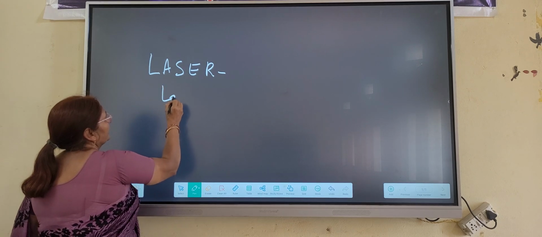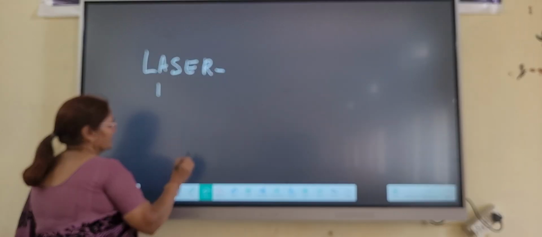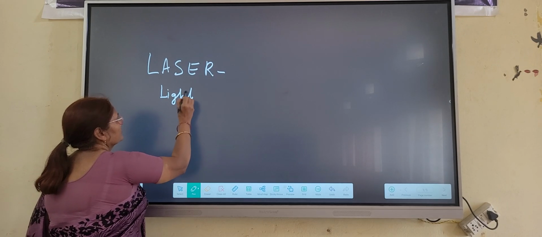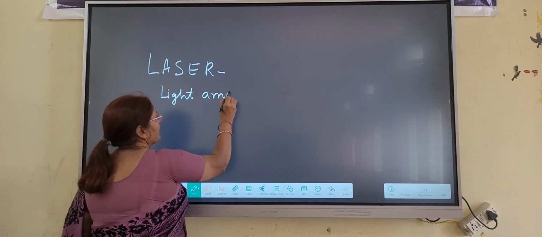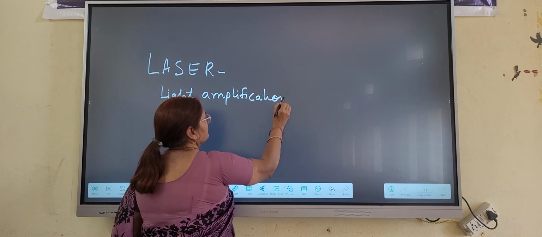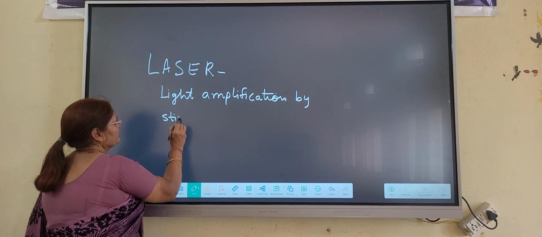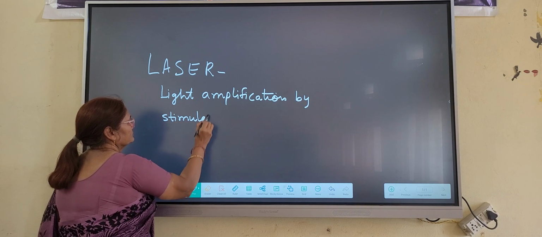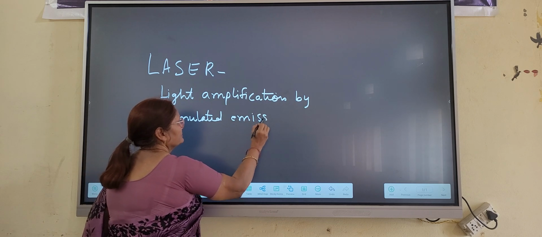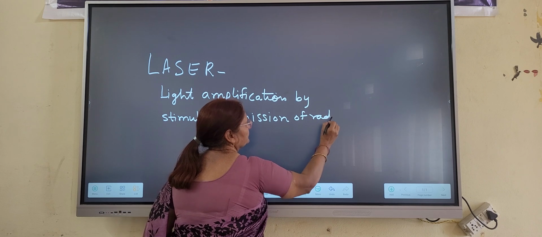Laser is actually light amplification by stimulated emission of radiation.